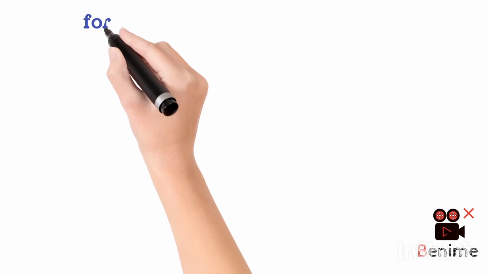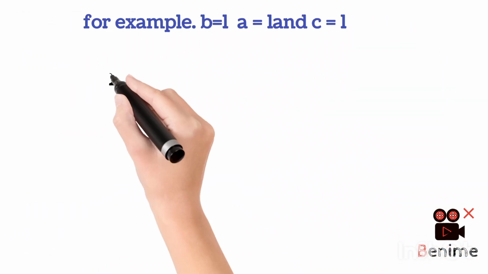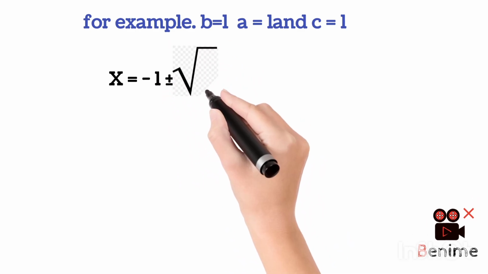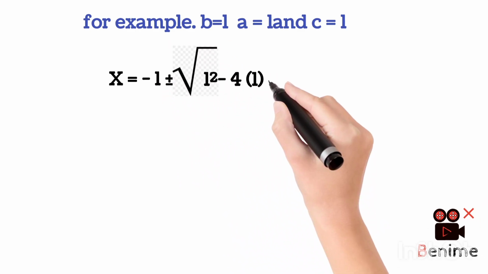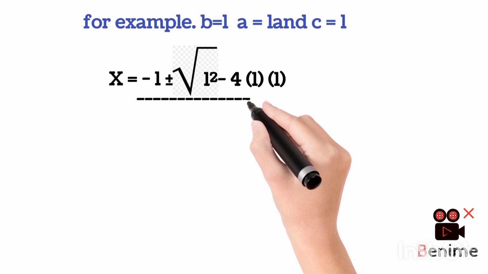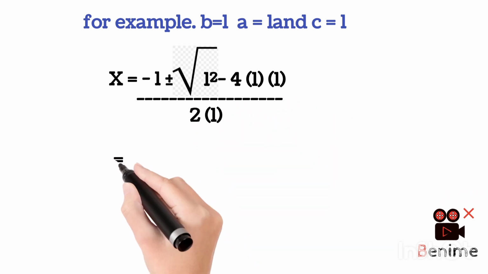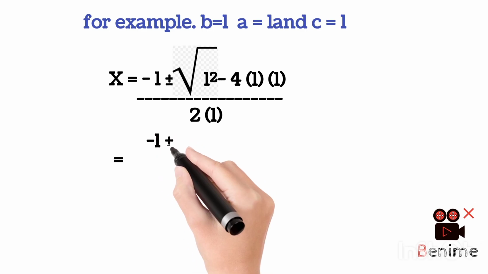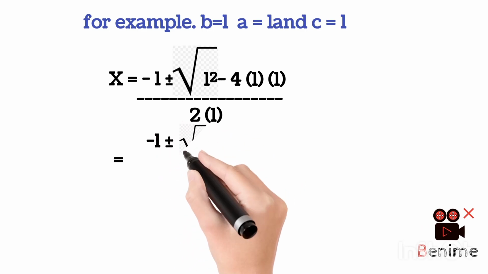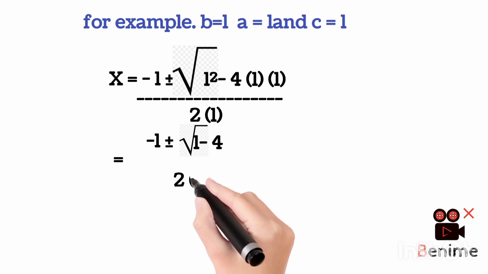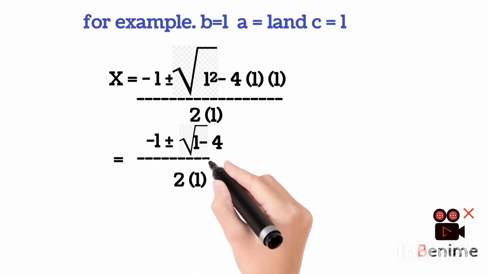Now we head towards the third condition, where b² - 4ac is less than 0. Then we will get a negative number under the root sign, and we will get imaginary roots. For this we take an example. b is equal to 1, a is equal to 1, and c is equal to 1. By putting into the quadratic formula we get (-1 ± √(1 - 4)) / 2.